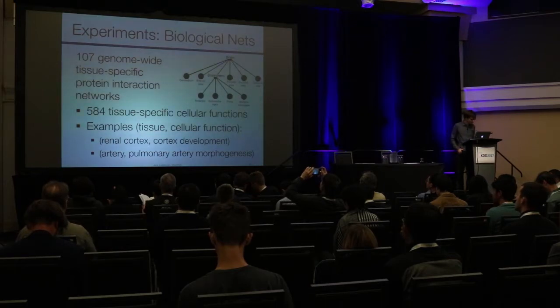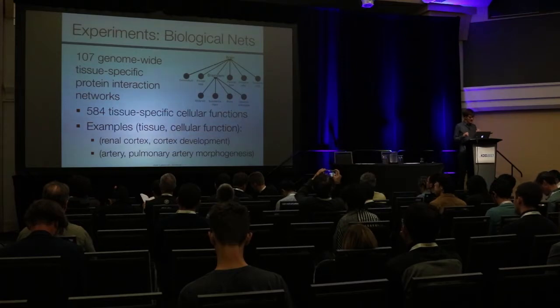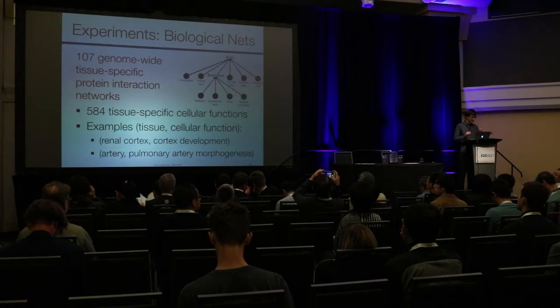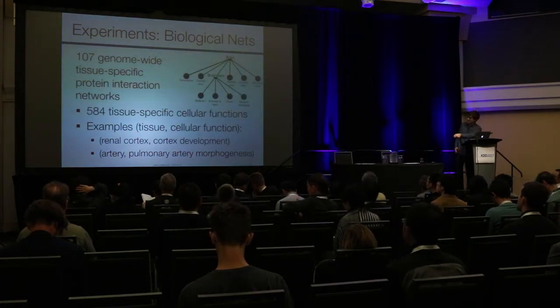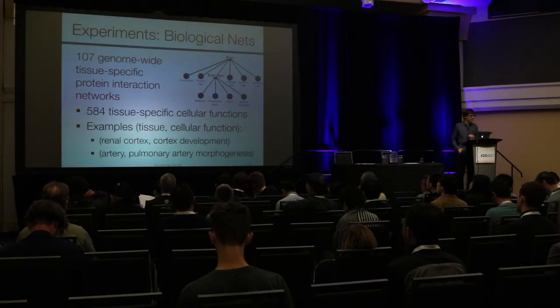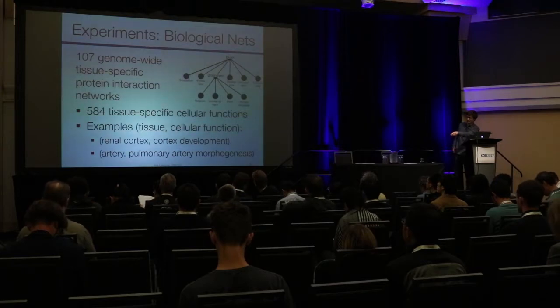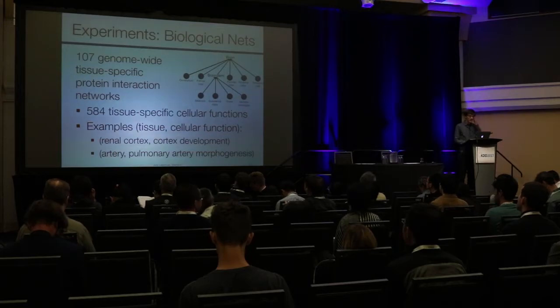Each protein can be labeled with one or more of almost 600 different tissue-specific cellular functions. For example, here is a label saying that in this particular tissue, this is a particular function the protein can have. And in another tissue, an artery, here is a different function some protein can have.